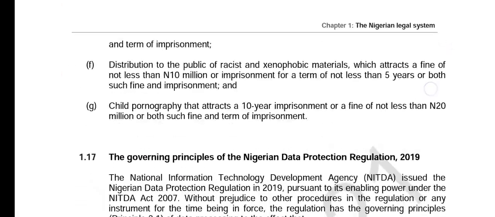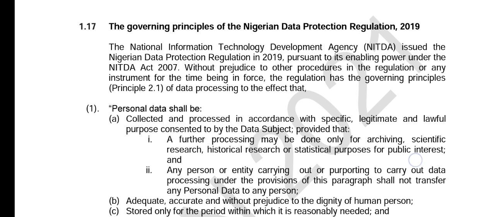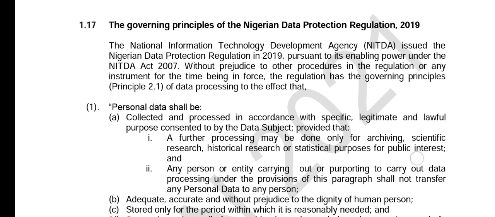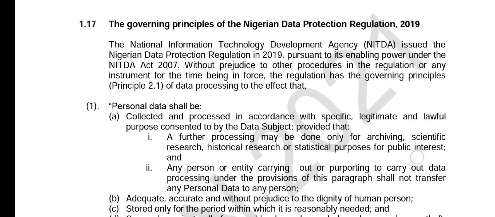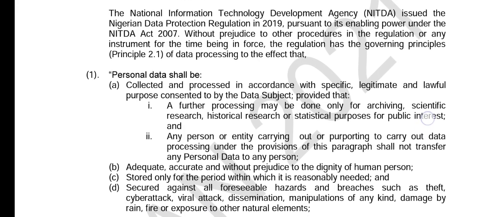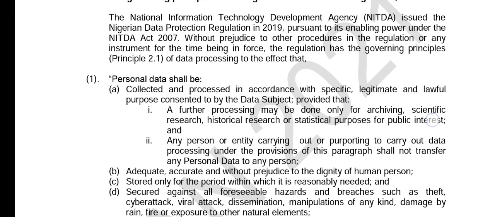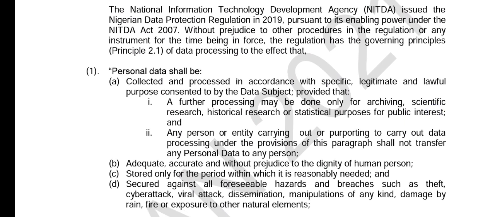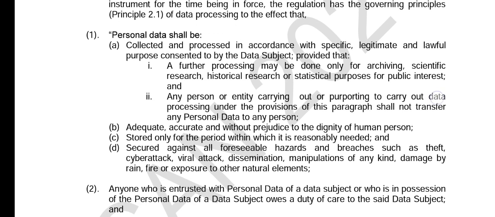I'm going to move straight to the governing principles of the Nigerian Data Protection Regulation. The major governing principles, the way I decoded them, fall to confidentiality, availability, integrity, storage, and accuracy of data in an adequate manner.